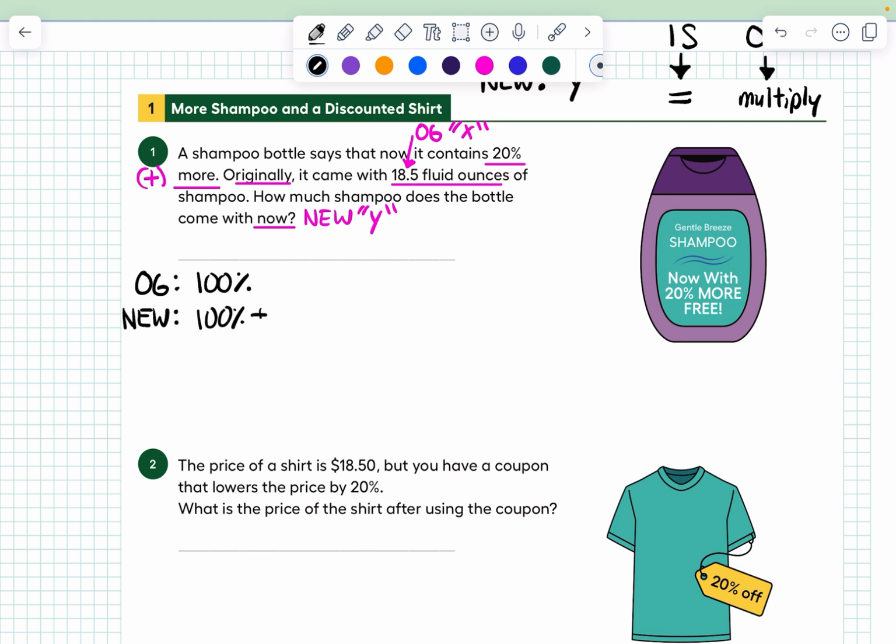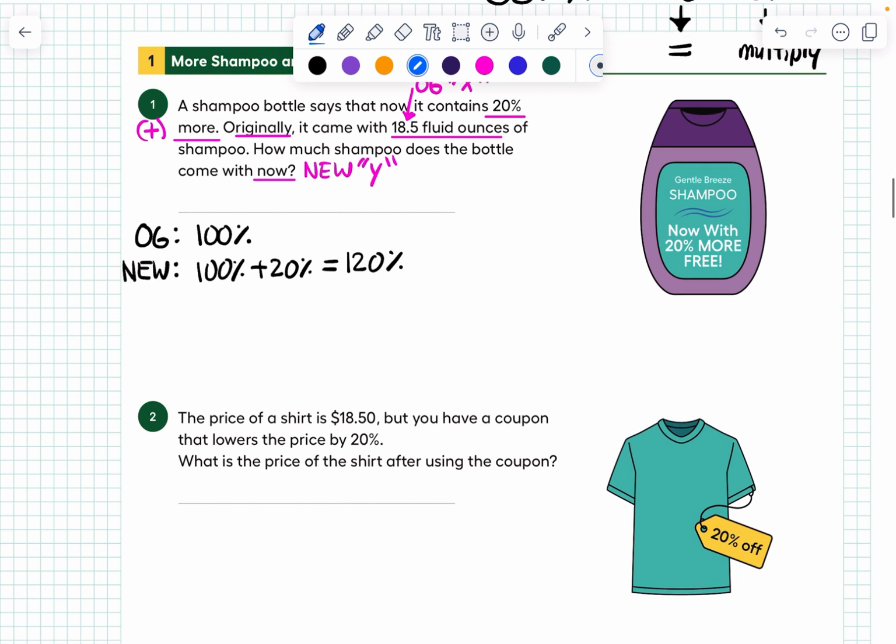So we have 100% plus 20%. That would take us to 120%. So I want to create a sentence that will help me get to the equation. My sentence would be the new amount is 120% of the OG.